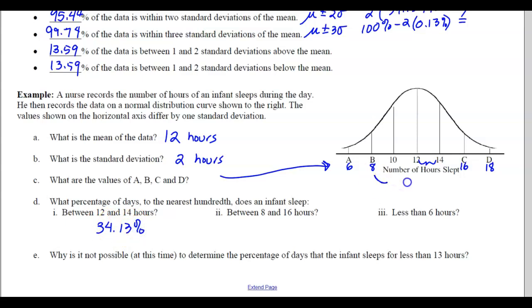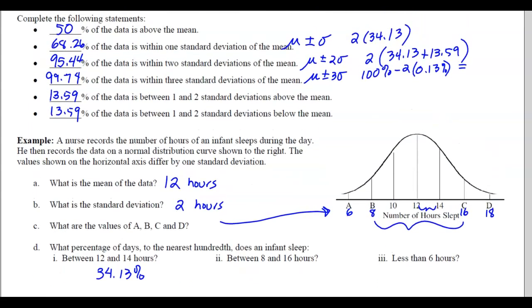Okay, then from 8 to 16, so that's within 2 standard deviations of the mean, and we did that already, 95.44. And then less than 6 hours, that little part there, that's going to be 0.13%.